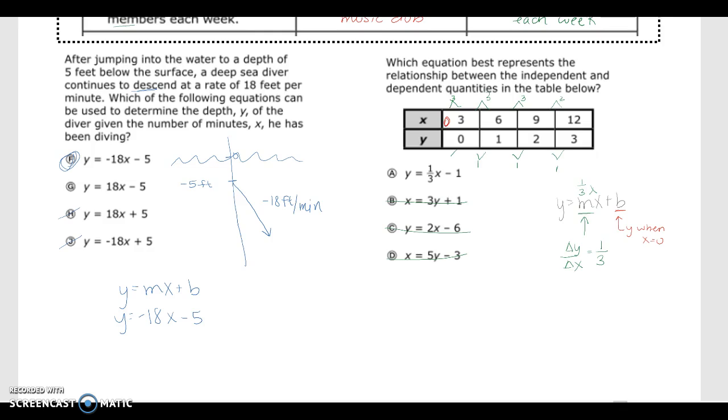So 0 minus 1 would give me the -1. Okay? So that's just if you are struggling. So you can find here that our answer is going to match letter A.